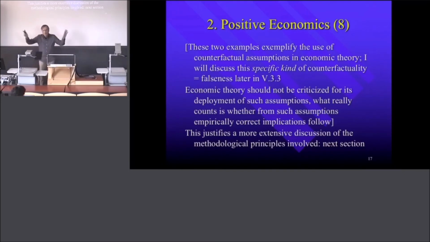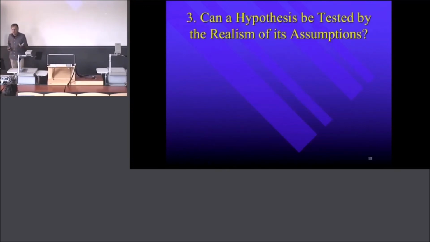He claims that's not right. There's only one test, because you can't test the assumptions in that sense, whatever that is. You can only test predictions, right? And the assumptions are false because they are abstractions. This is how he describes it. In parentheses, this is not completely correct. We'll see later; he's not correct himself about himself. Anyway, this justifies a more extensive discussion of the methodological principles involved, and that happens in the next section, in which he now brings up this topic again, which was only now announced, so to speak.